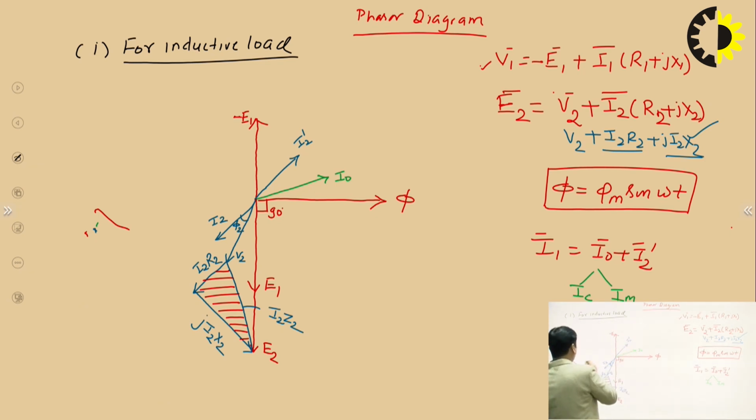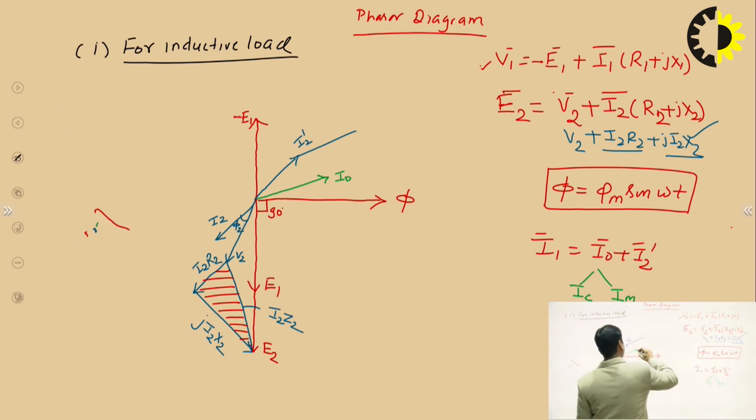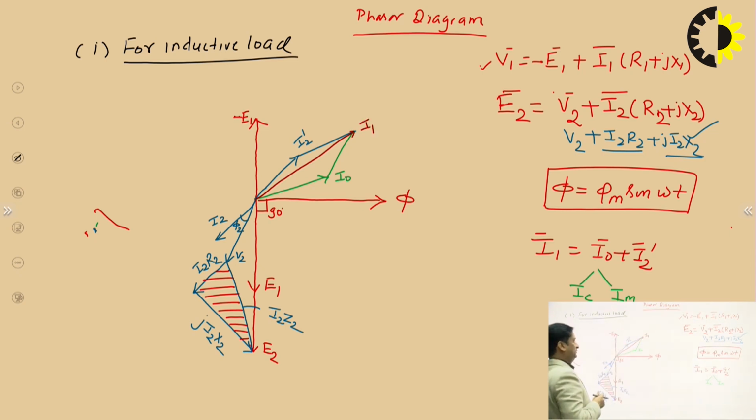Now take the phasor sum of I2 dash and I0, and join this. This is I1. So the phasor of I1 can be drawn like this: take the I0 current, the no load current, and I2 dash, which is opposite to that of I2.